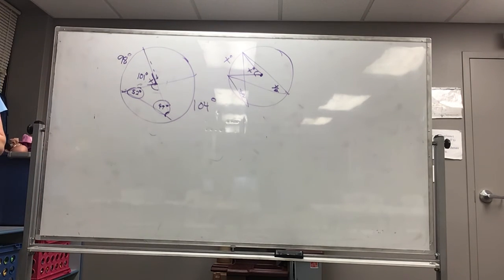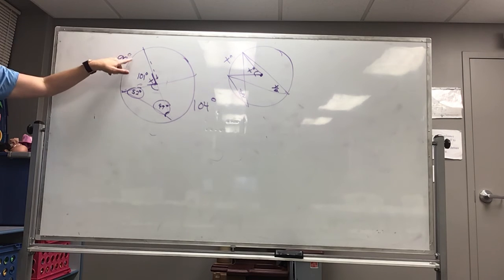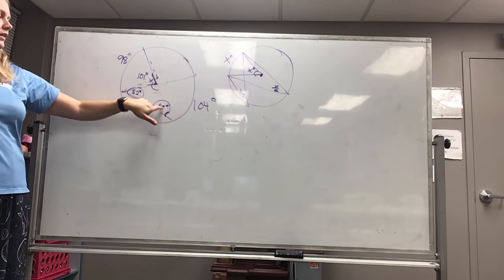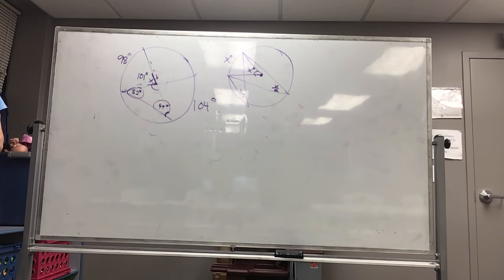And so, looking through the book, I saw the arc measure, but I didn't see anything about this angle being half that, and it showed up in a couple of the different problems I thought, and so I wanted to go over this one with you so that you know that one.